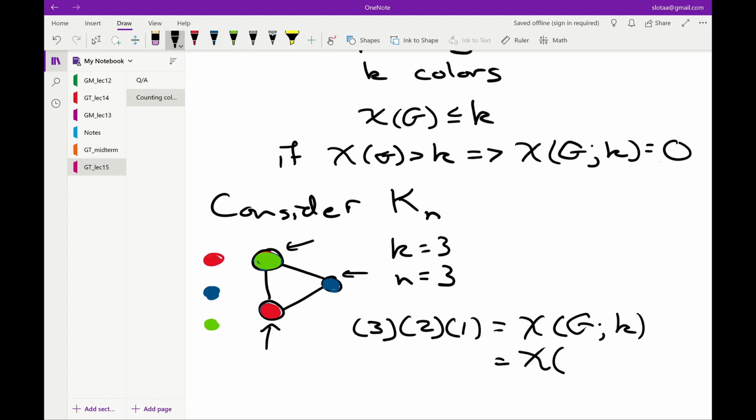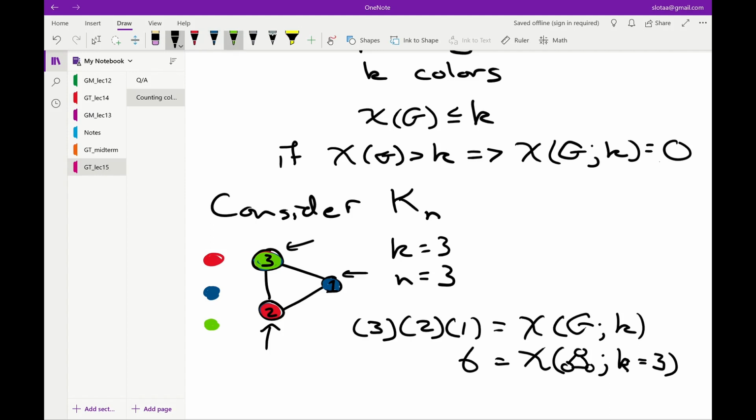So in other words, the value of this function for the graph K sub 3, the triangle, with K equal to 3 is equal to 6. We had 3 possibilities for the first, 2 for the second, and 1, given K equals 3.